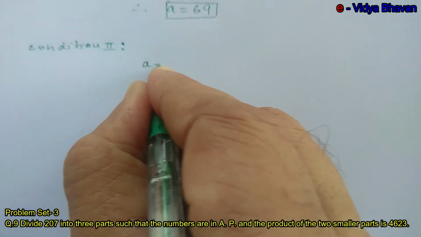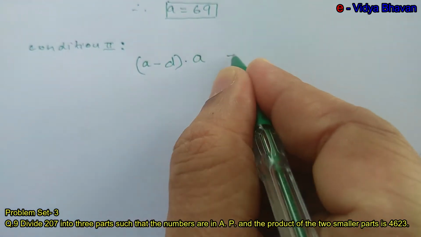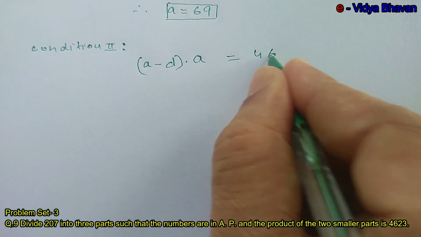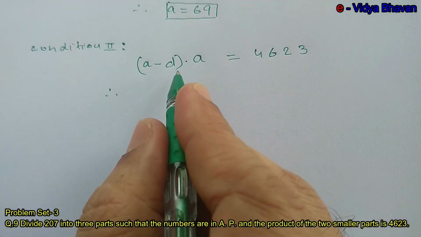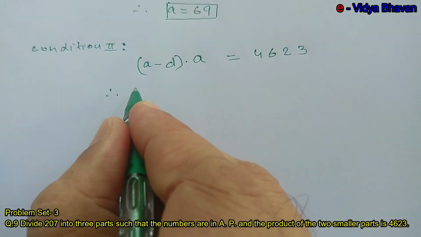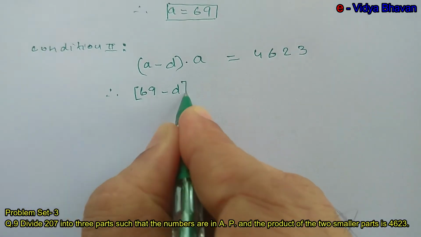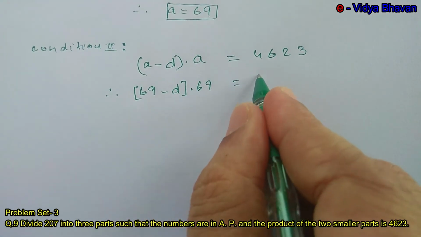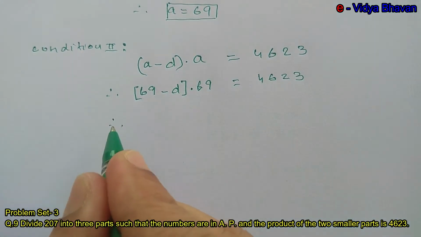The first smaller part is a minus d and second smaller part is a, and the product of these two numbers is going to give you 4,623. Therefore, substitute the value of a. We know it. 69 minus d into 69 again equal to 4,623.